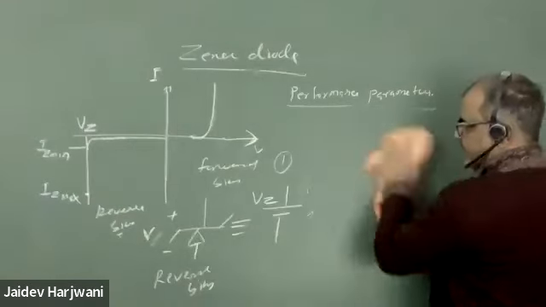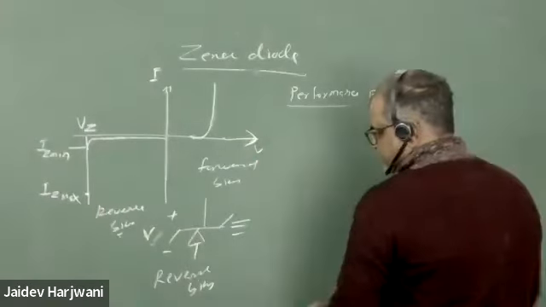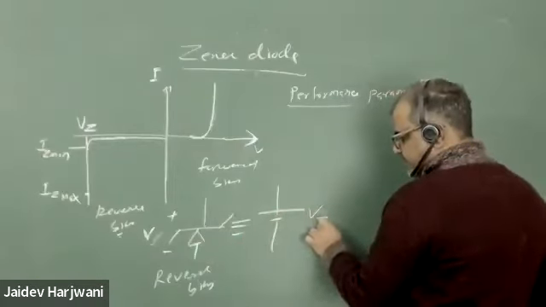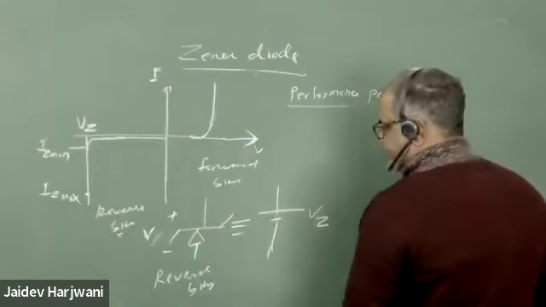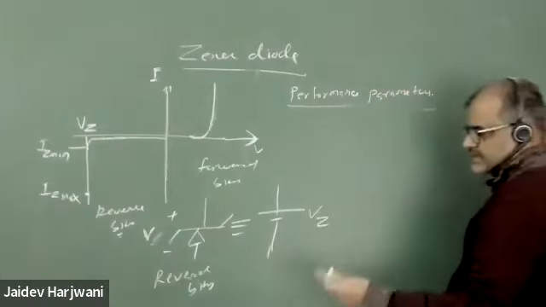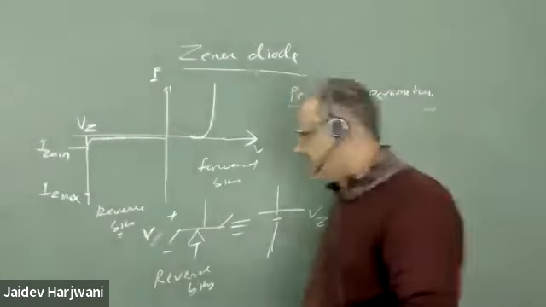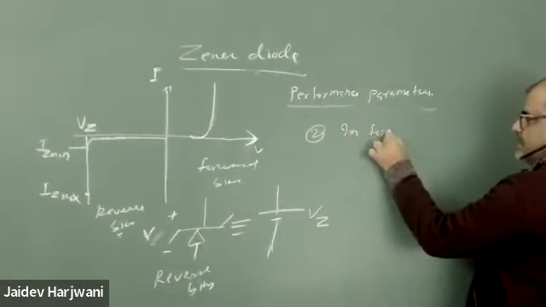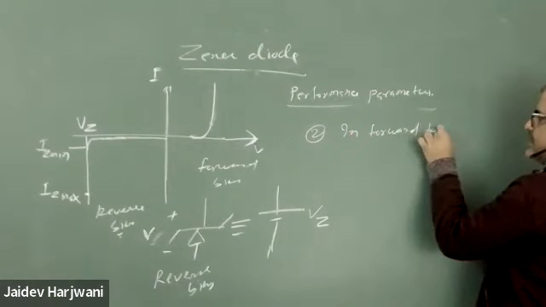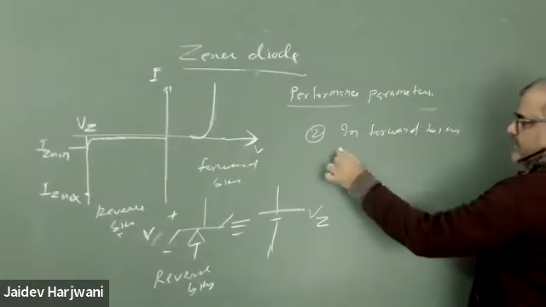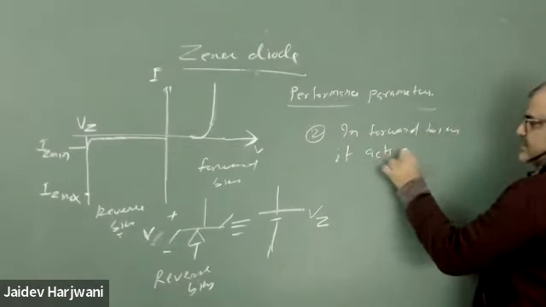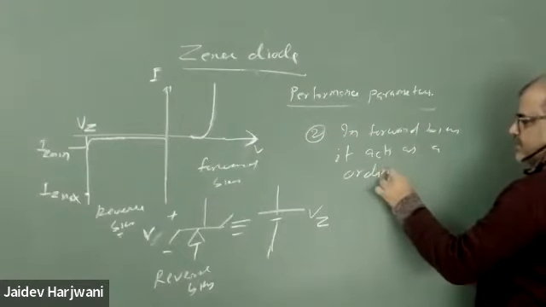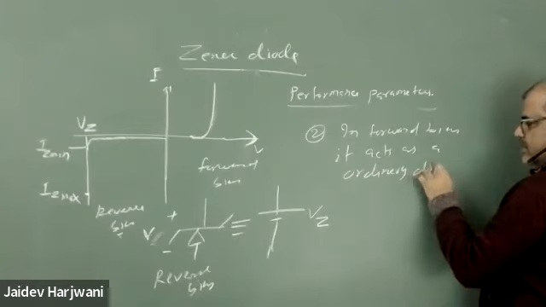I'm repeating again. Whenever a Zener diode is in reverse bias, you can replace it by a battery, and in forward bias it will work like an ordinary diode. What do we mean by an ordinary diode?